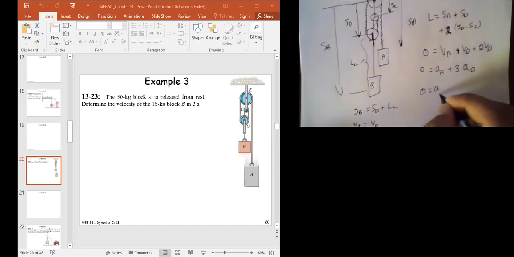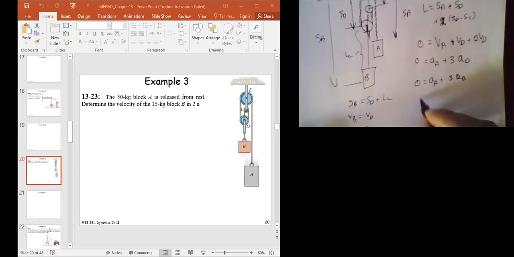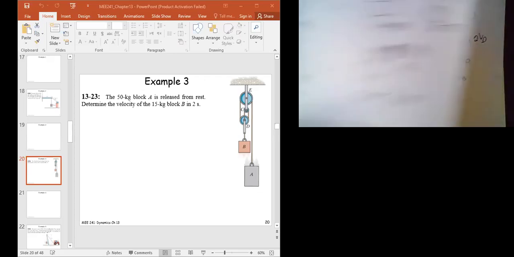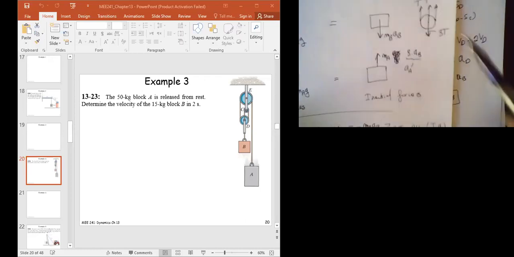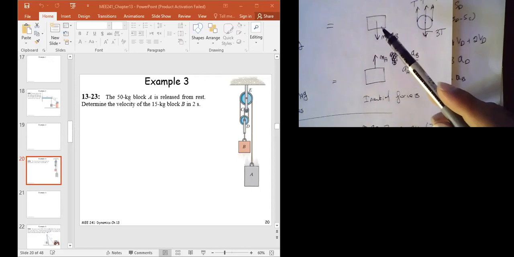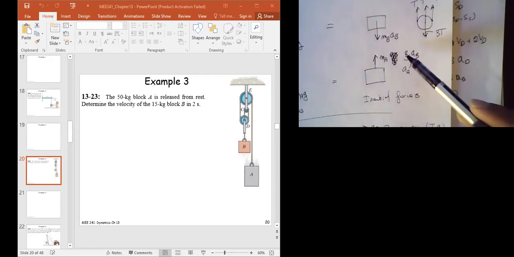So 0 is equal to AA plus 3 times the acceleration of the block. And that's it. So the acceleration of A is equal to minus 3 times the acceleration of the block, and that is what we have here. The acceleration of A is 3 times the acceleration of the block, but in the opposite direction. The minus sign is basically showing that. If I put the vector in the opposite direction as B, then I no longer need to put a minus here. It would be a big mistake if you actually put a minus here.